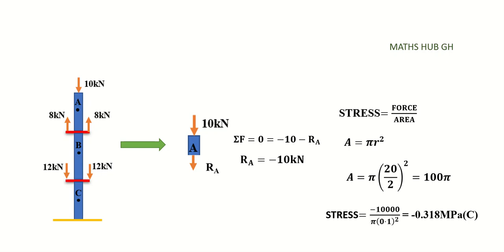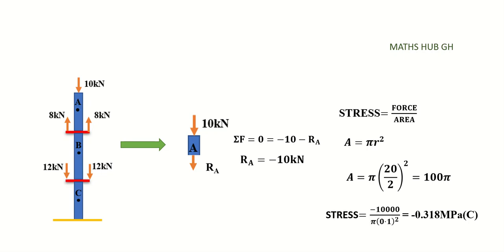The reason I have 0.1 there is that the diameter was given in centimeters, so the radius will also be in centimeters, but stress is measured in Newton per meter squared, so we must change the centimeters to meters. We used the conversion: 1 centimeter is equal to 0.01 meter, and that gives us the diameter to be 0.2.